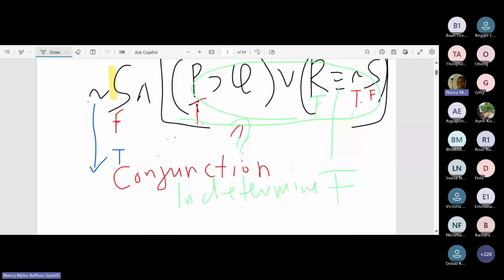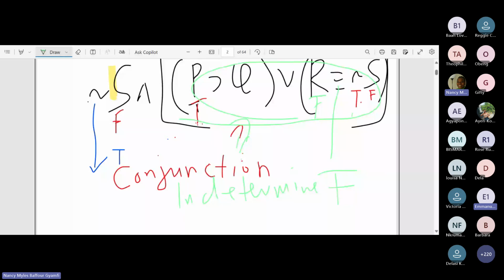So everyone watch. Let's go back. If you had such a formula, the formula is: not S, conjunction, open square bracket, open bracket, P conditional Q, bracket close, or disjunction, open bracket, R biconditional not S, bracket close, square bracket close. That's the formula given.